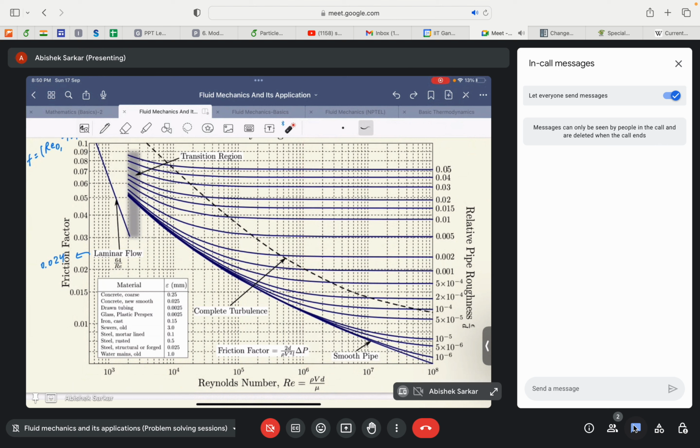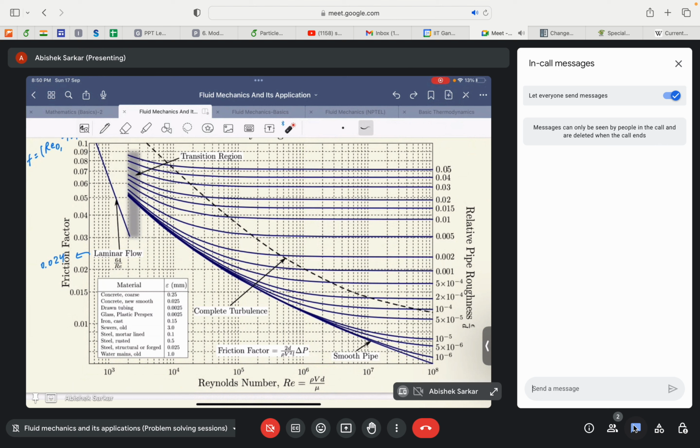You can see that beyond 10 to the power 6, for pipe flow, it means that the flow is absolutely turbulent. It is highly turbulent, okay. You cannot argue that it is laminar. It is fully turbulent, no questions asked, okay. So if we assume that the flow is fully turbulent, I assume that the value of Reynolds number is 10 to the power 6.